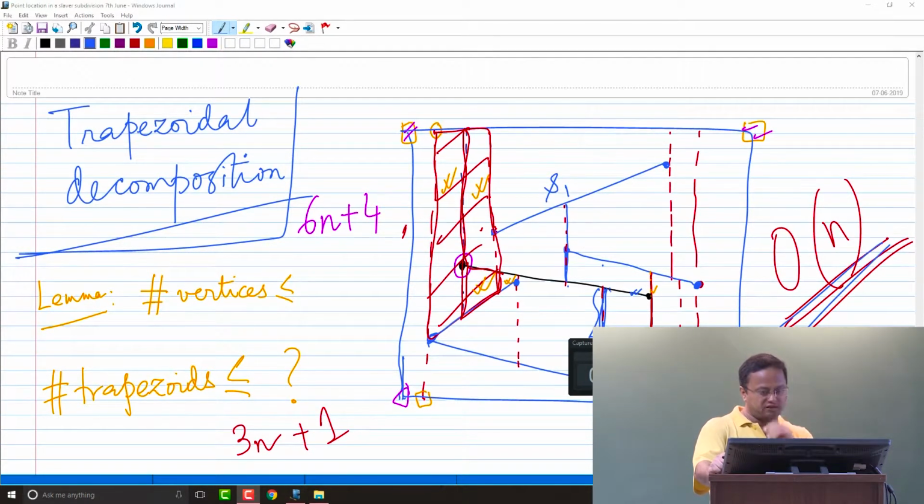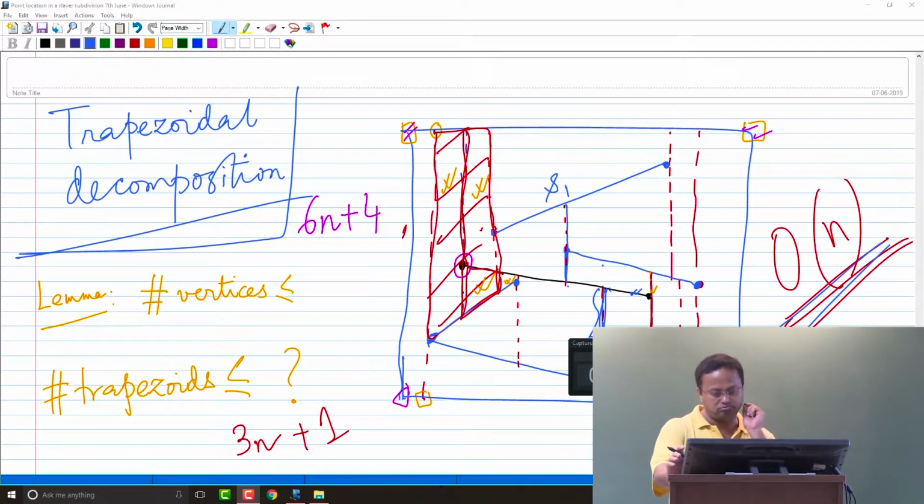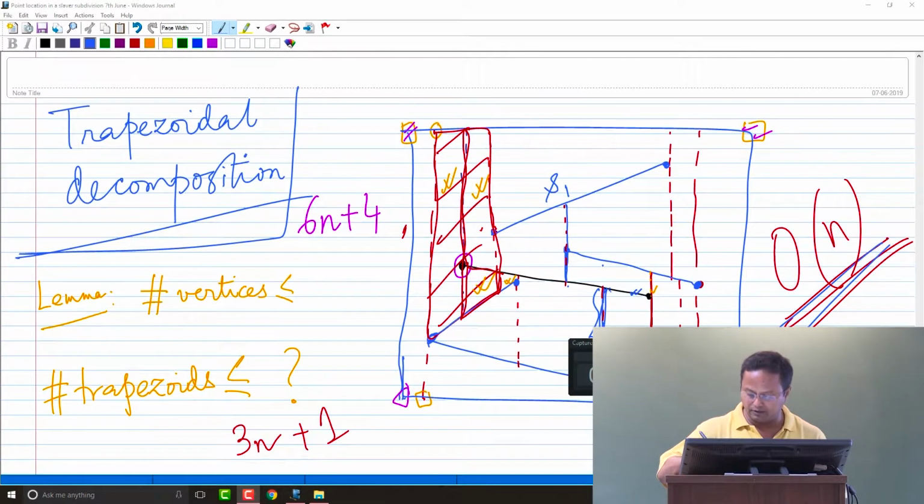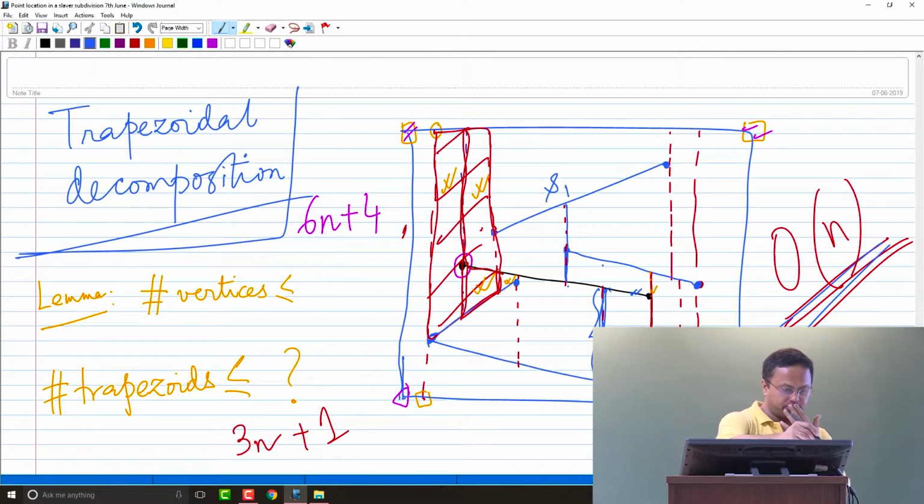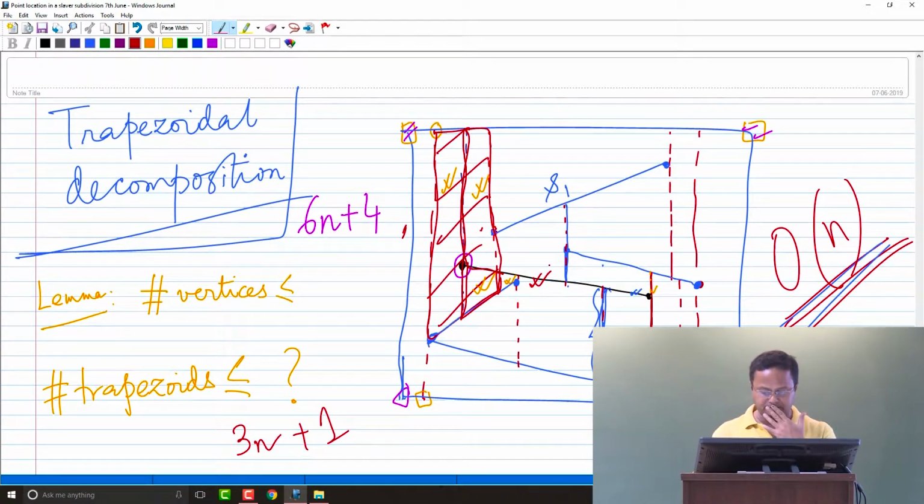But the basic nutshell of the algorithm is as follows. A line segment comes, remember that. So, this line segment comes and you figure out the trapezoid its left hand point hits, using some amount of time, we will see.